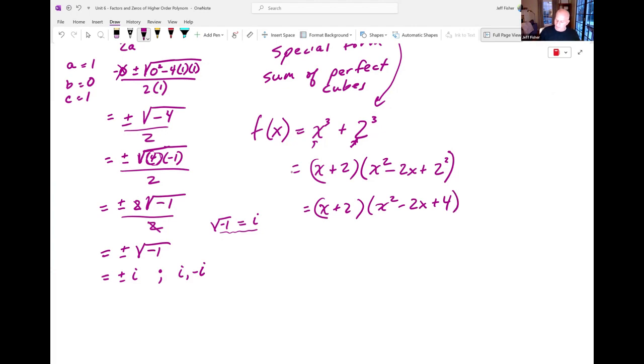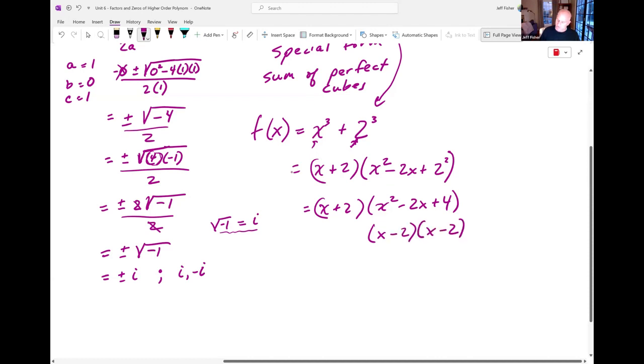Okay, and then of course this is going to be a negative. This one is going to factor to become x minus 2 times x minus 2. Is that right? No, that's not right. We need a product that equals 4 and a sum that equals negative 2.